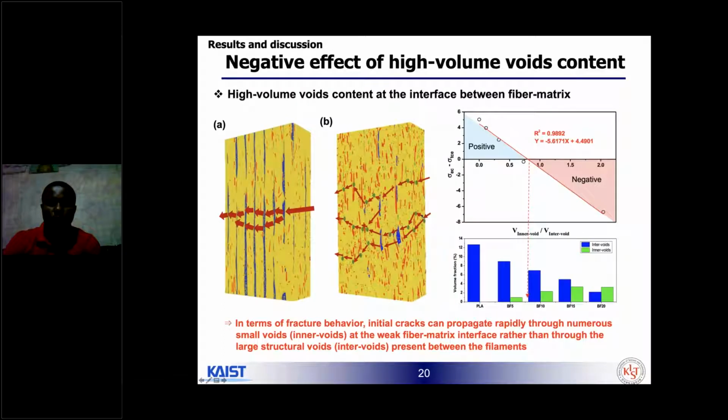On the contrary, in case of void, it negatively affects mechanical properties.